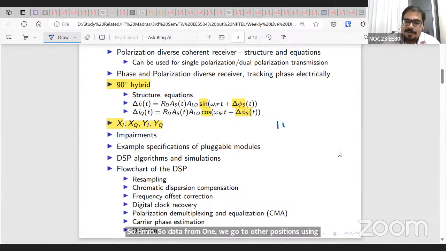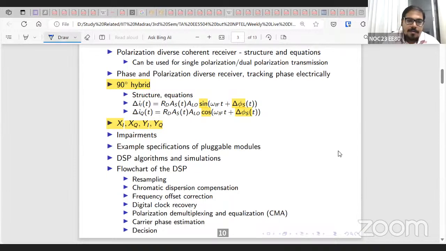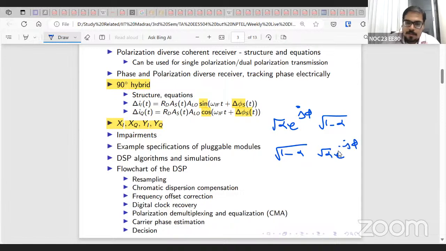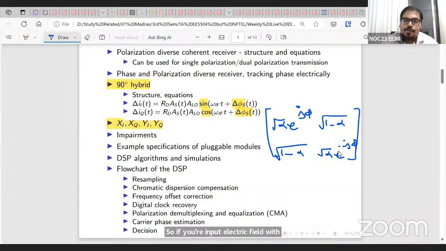You can think like the matrix will be of this kind of form. So if your input electric field was something like this, your output will be a sum of your X polarization times this term plus your input Y polarization times this term.